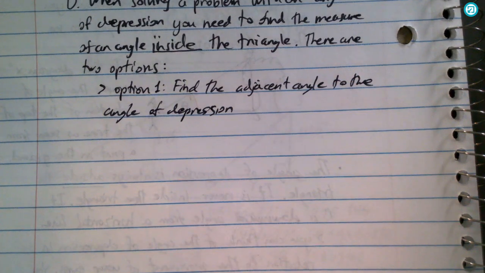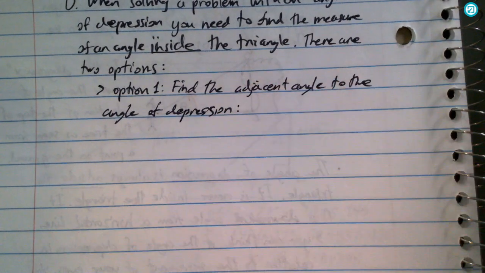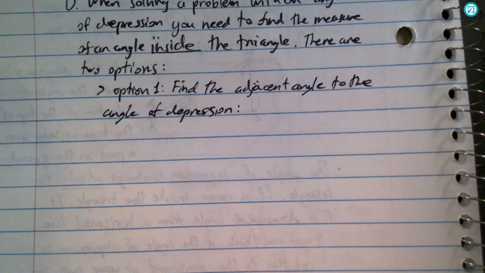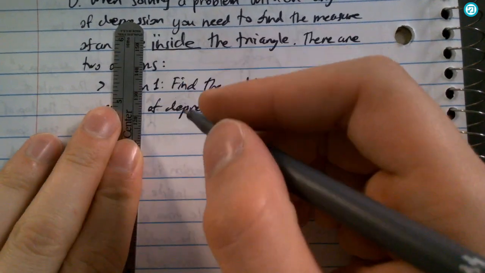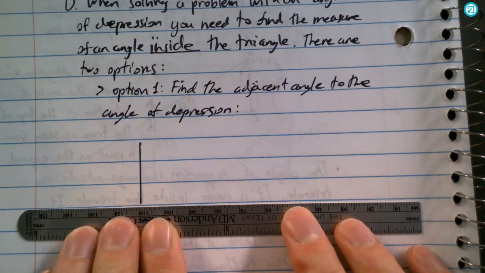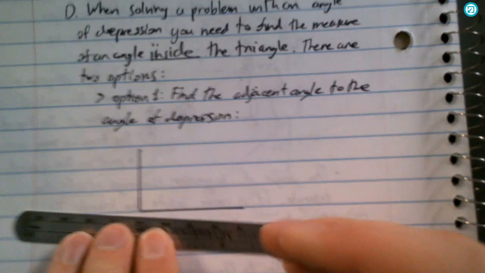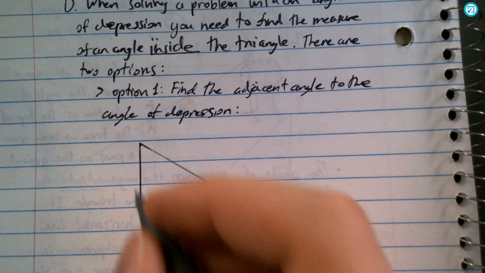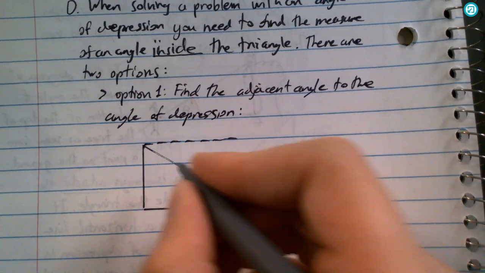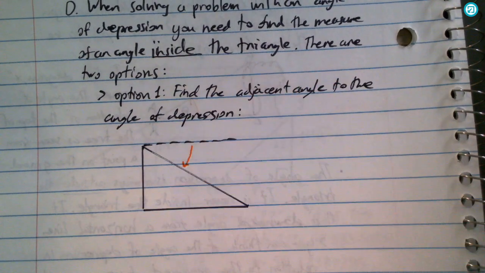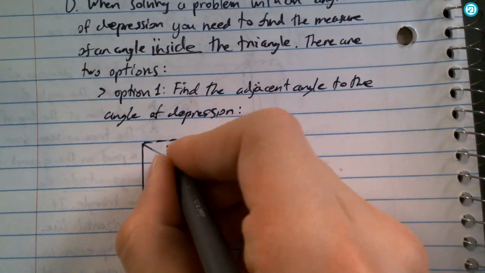So, in other words, if you have a triangle like so, that is depressed, or an angle of depression looking down from B at 38 degrees.